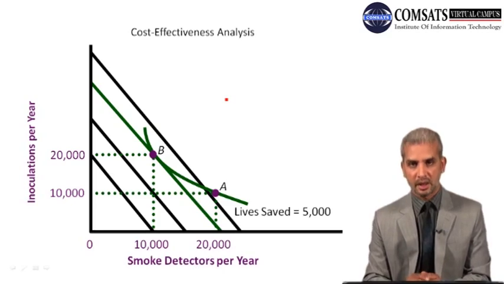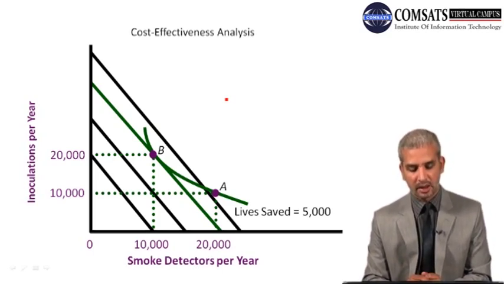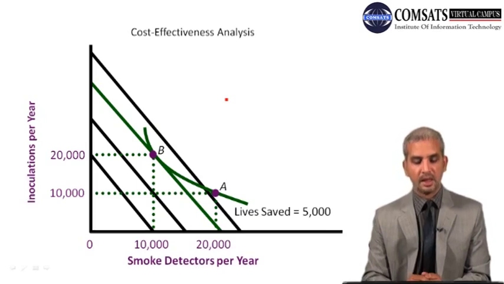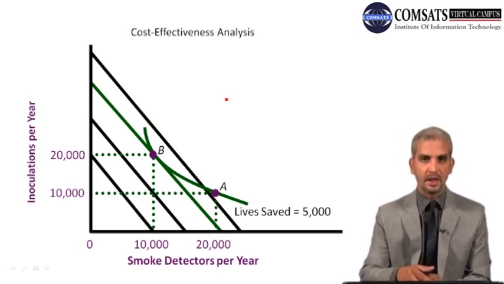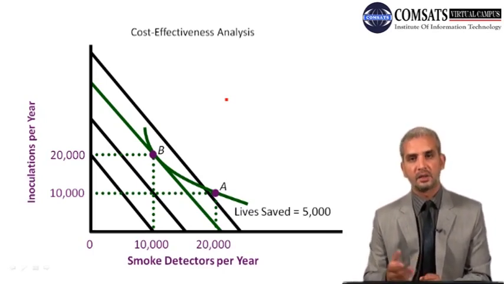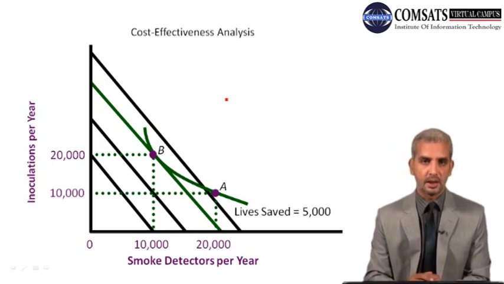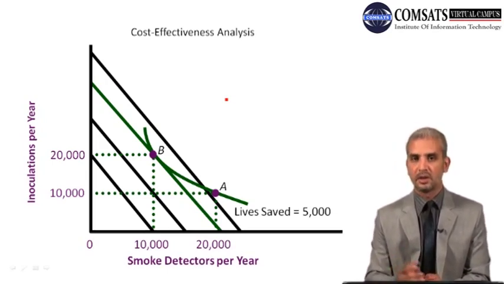A single ISO-cost line, for example the one that originates from 20,000 vaccinations to 10,000 smoke detectors, represents various combinations of vaccinations and smoke detectors that can be achieved by the same amount of budget. Let's assume that we have a budget of 10,000.